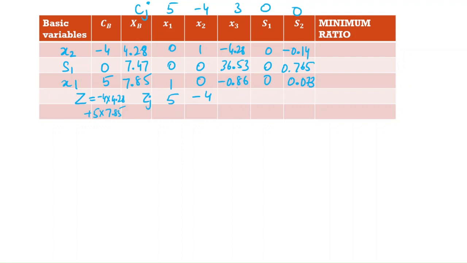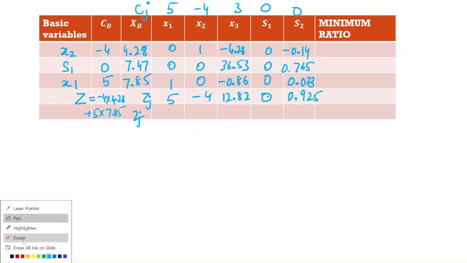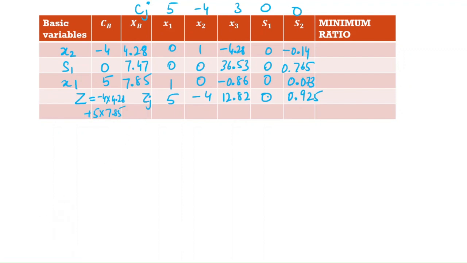So this would be 0, and this is coming out to be 12.82, 0.925. Now Zj minus Cj, so let me write delta j. Zj minus Cj is 0, minus 4 plus 4 is 0. This is 12.82 minus 3, that is 9.82, 0, 0.925.